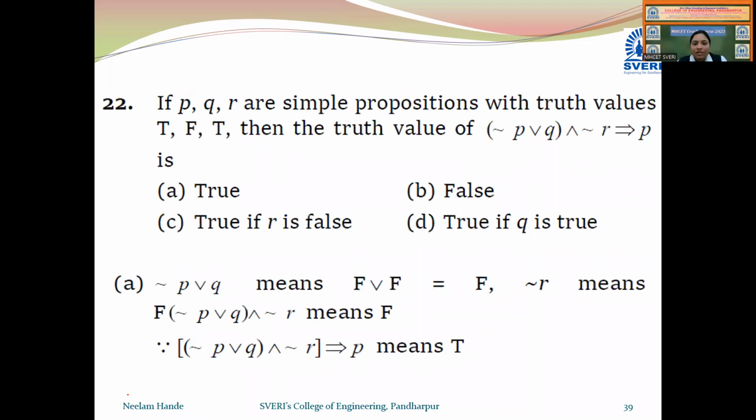P, Q, R are simple propositions with truth values. P is true, Q is false, R is true. Then what is the truth value of negation P or Q, and negation R, implies P: true or false? Ma'am, false. Why is it false?